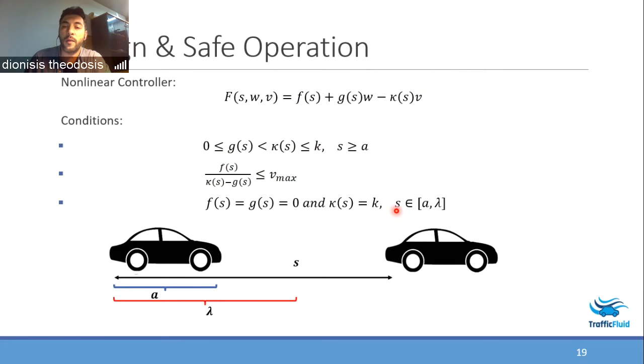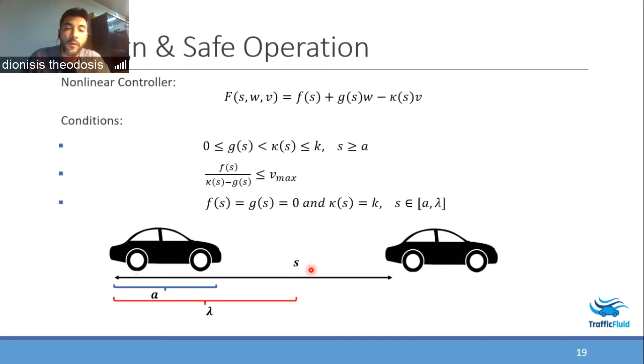If the distance between vehicles is within the constant A and some other constant lambda, then the vehicle decelerates, meaning that the functions f and g are 0, so only the deceleration term is present in the controller. So this constant lambda gives us the minimum braking distance that the vehicles can have.